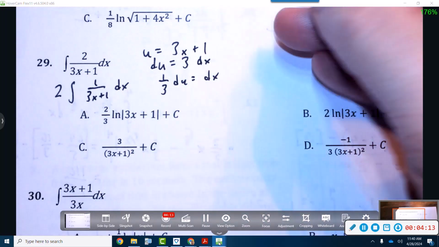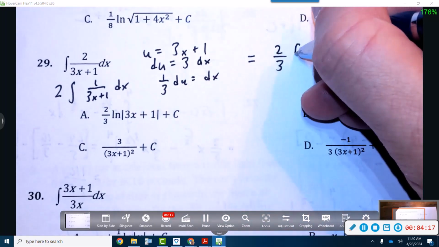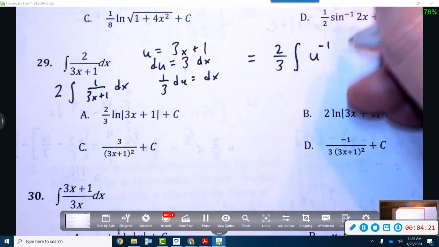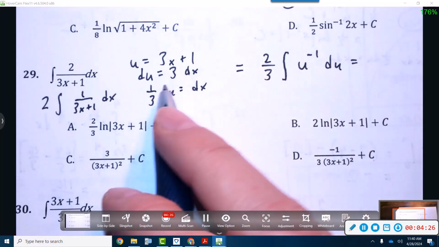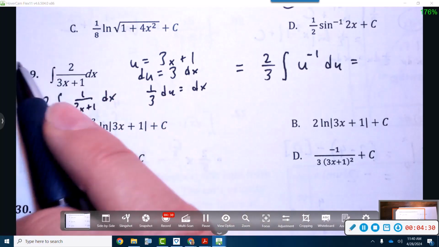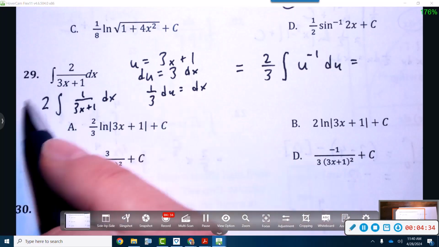Okay? So now what we've got is we've got 2/3 on the outside of there, and we are just going to have u to the -1. Okay, so the 1/3 came out. Okay, this 2 was completely ignored. We took them out at the very beginning, but when we came out with that 1/3, we also still have the 2.